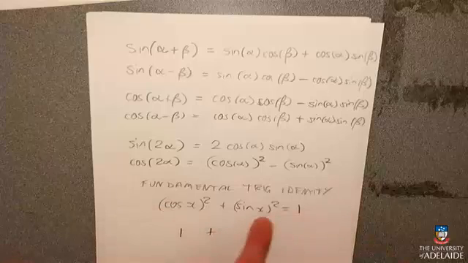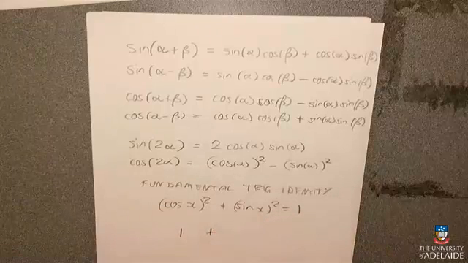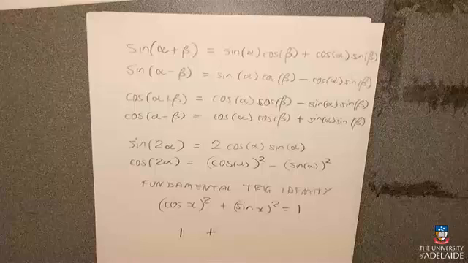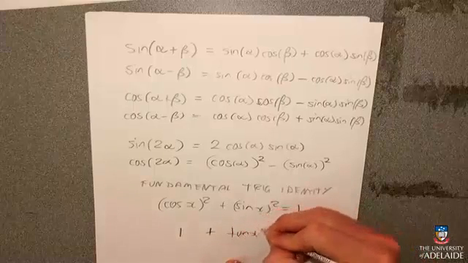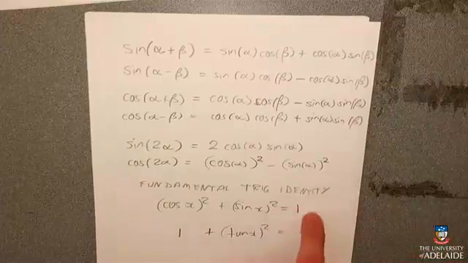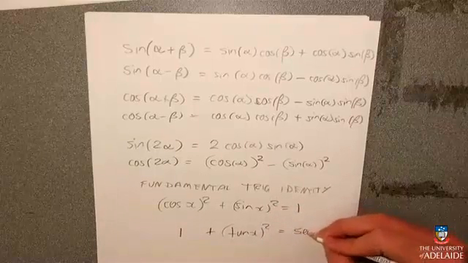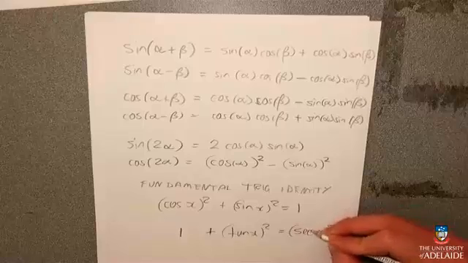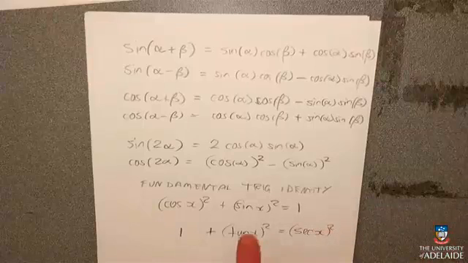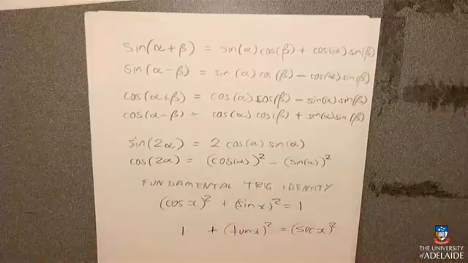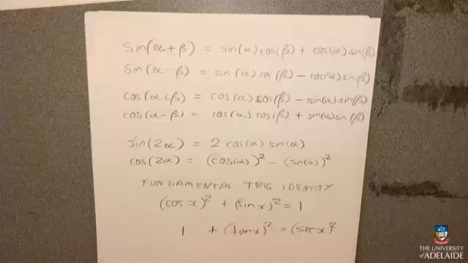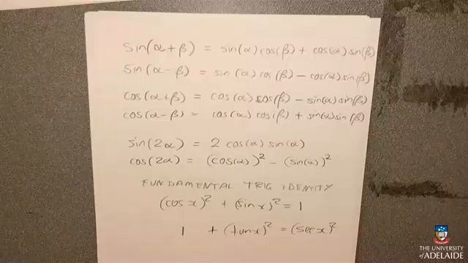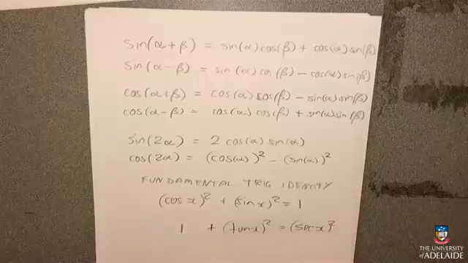If I divide this by cos x all squared, I'll get sine squared over cos squared, which is tan squared. And if I divide this one by cos squared, I will get sec squared. There is another one that you can get by dividing it all by sine squared, but hardly anyone ever uses that one. This one's really useful when you come to integrating things later.